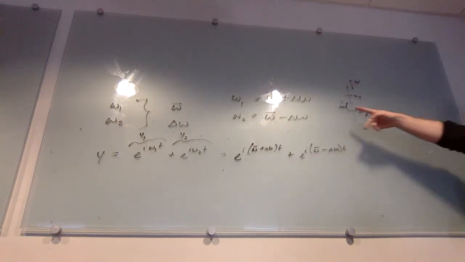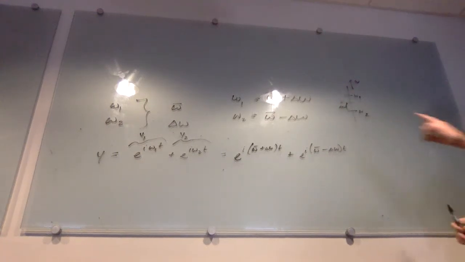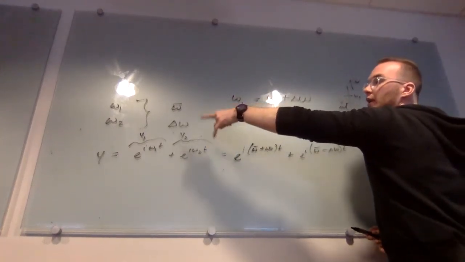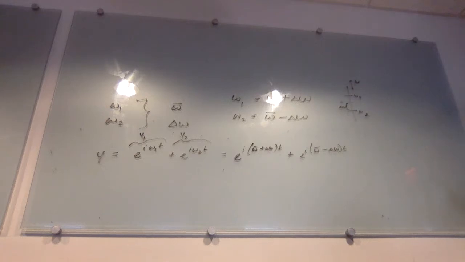Does everyone get this change of variables? It's a change of variables because we had two variables at the beginning, and now we still have two. It's not more confusing, just different variables. There's not more information, basically.